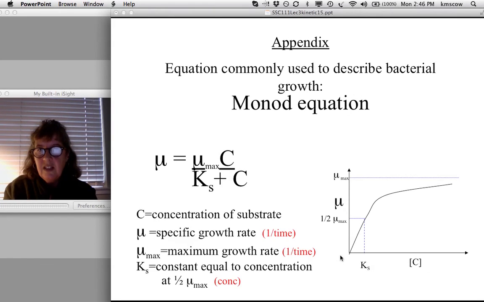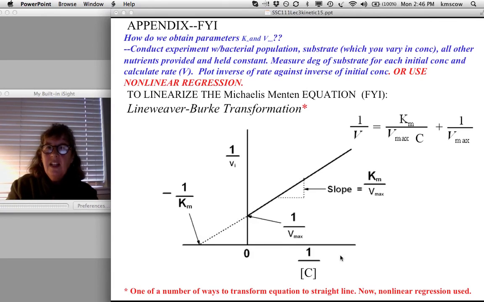Okay, this is the appendix, the Monod equation. That's the old school linearization of the Michaelis-Menten equation.